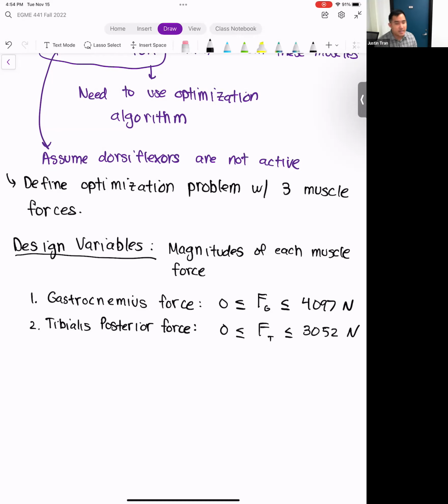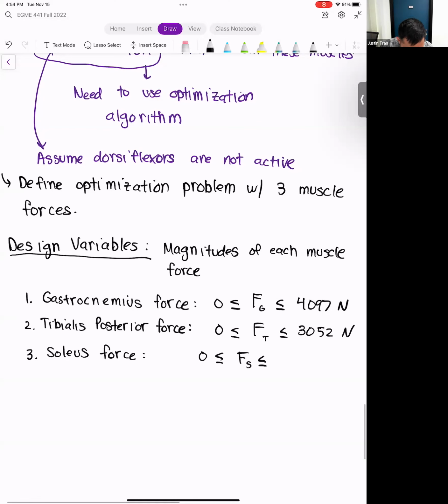So now FT has to have a value between 0 and its maximum, which is 3,052 newtons. Finally, we have the soleus force, and we'll call that FS, which is between 0 and its maximum, which is 6,435.